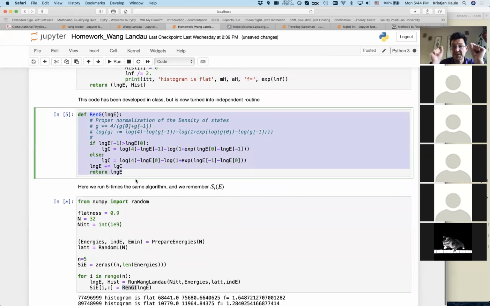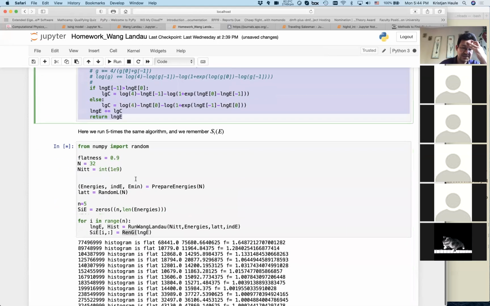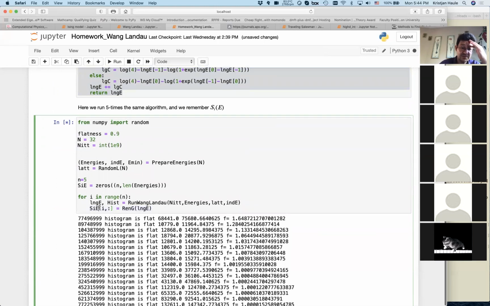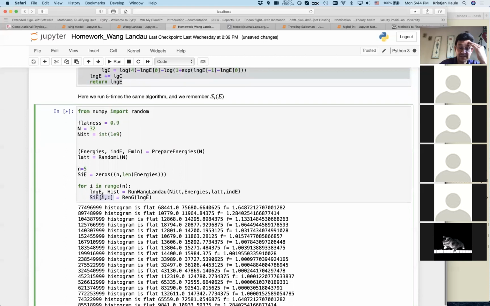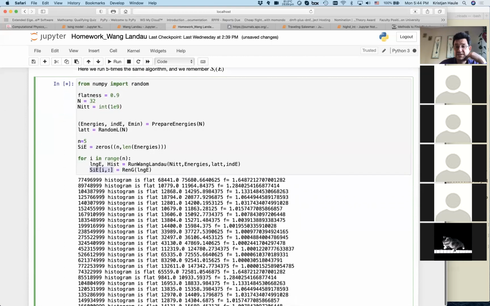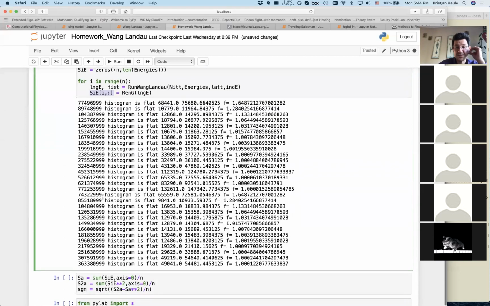The normalized density of states gives you this S of E, and the first index here is just the i, it stands for the ith run: first run, second run, third run, and so on. Up to now, this routine is actually slow. We just have one run done, as far as I see, and now it has just started the second time.